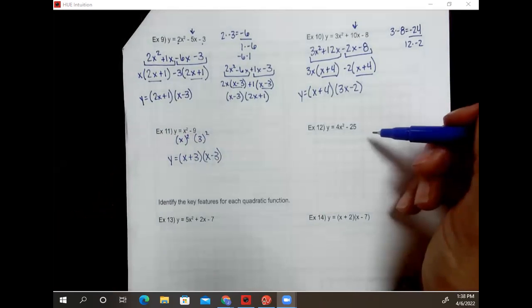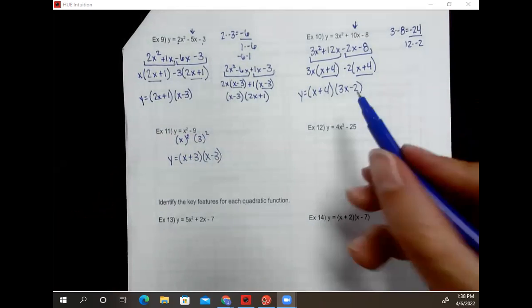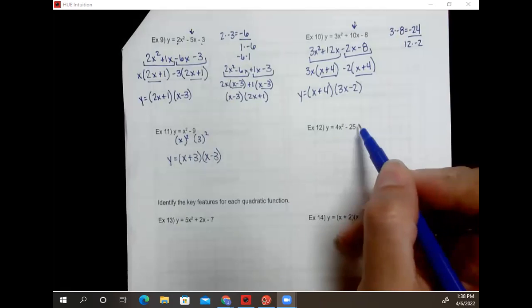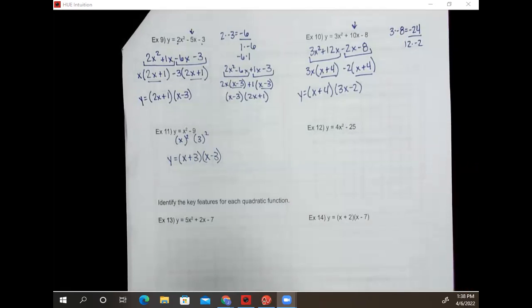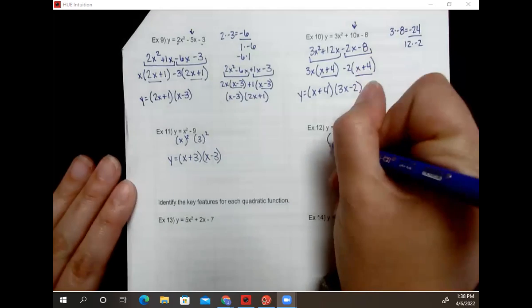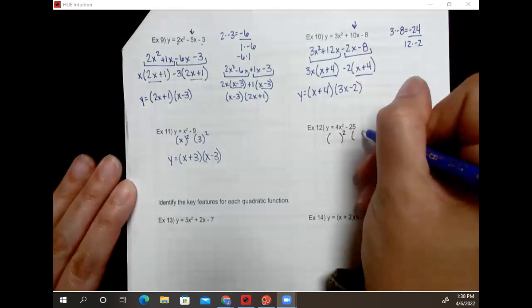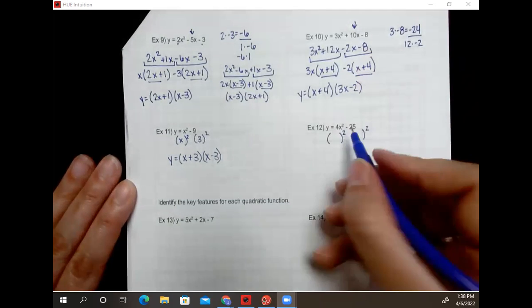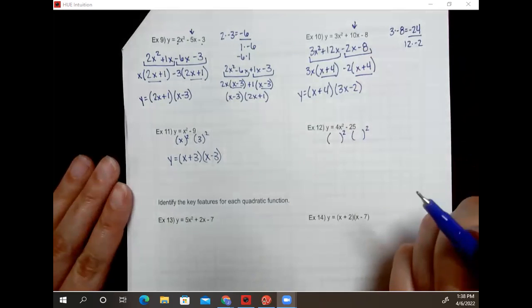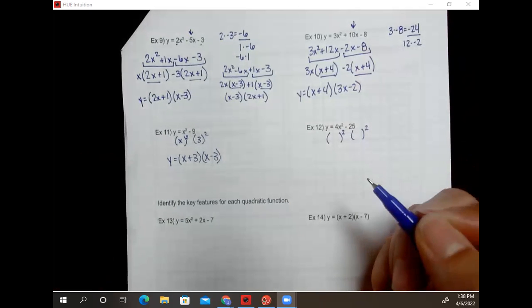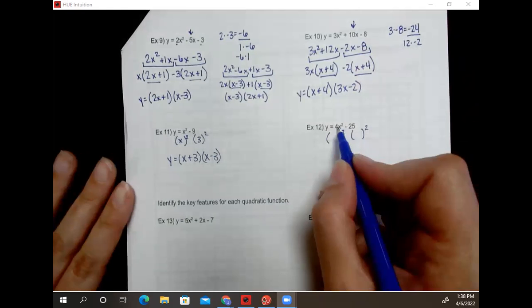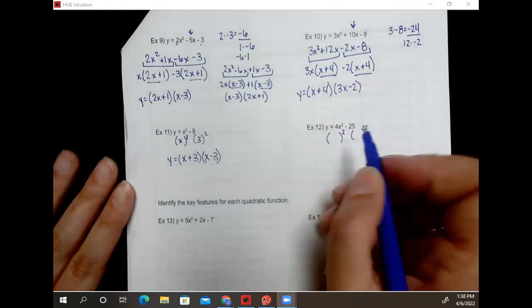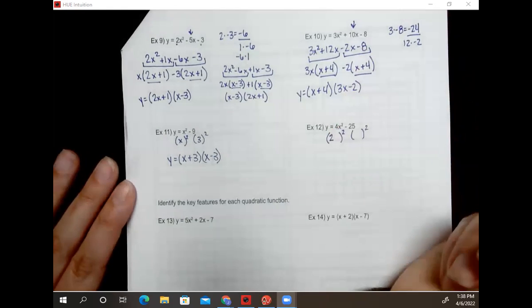Number 12, do I have a GCF there? No, we don't. And again, it's x squared minus a number, so I should think difference of squares. Now, in this case, it's not just x squared, it's 4x squared. So if it helps you, you can break this down into the number and then the x. So what would I square to get 4? 2. And then what do we square to get x squared?